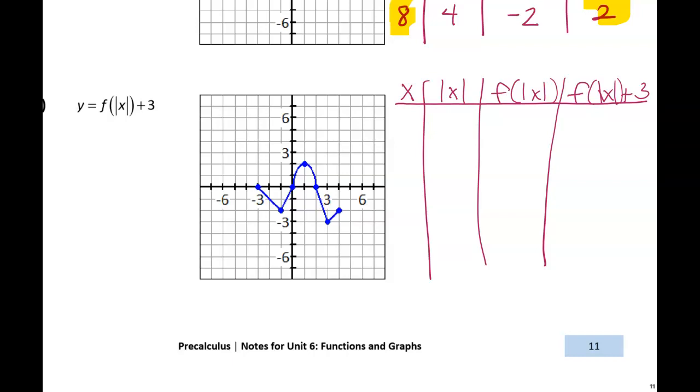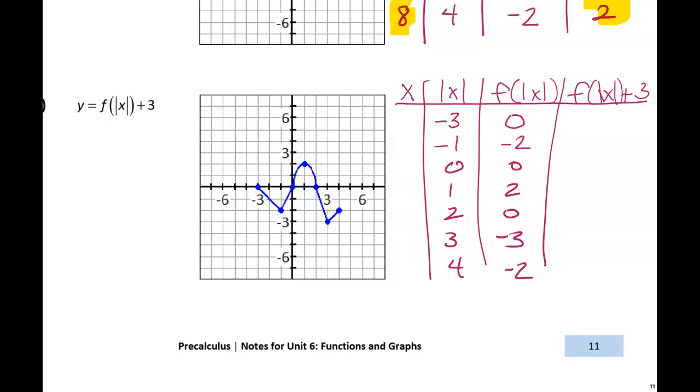And so our parent function points are going in the second and third columns. Let me make sure that I get them all this time. -3, 0, -1, -2, 0, 0, 1, 2, 2, 0, 3, -3, and 4, -2. All right, now let's do the tricky one first.